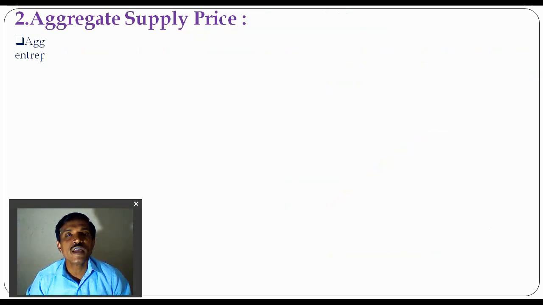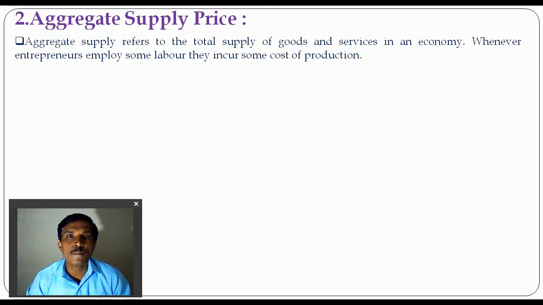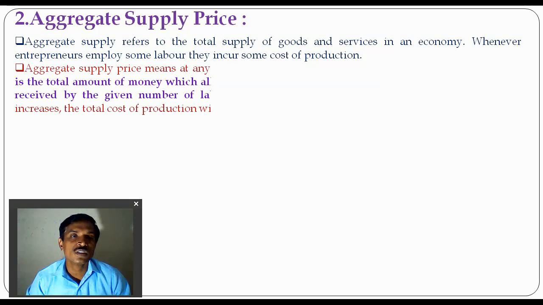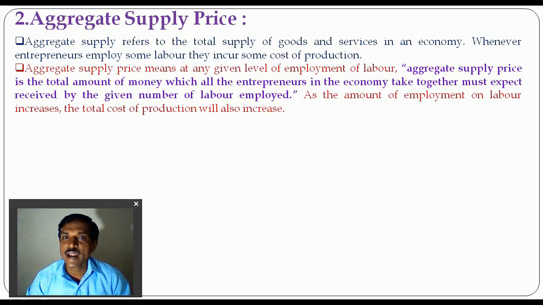Next is the aggregate supply. The aggregate supply price refers to the total supply of goods and services in the economy, where the entrepreneurs employ some labor and incur some cost of production. So at a given level of employment, the aggregate supply price is the total amount of money which all the entrepreneurs in the economy taken together must expect to receive from the given number of labor employed.